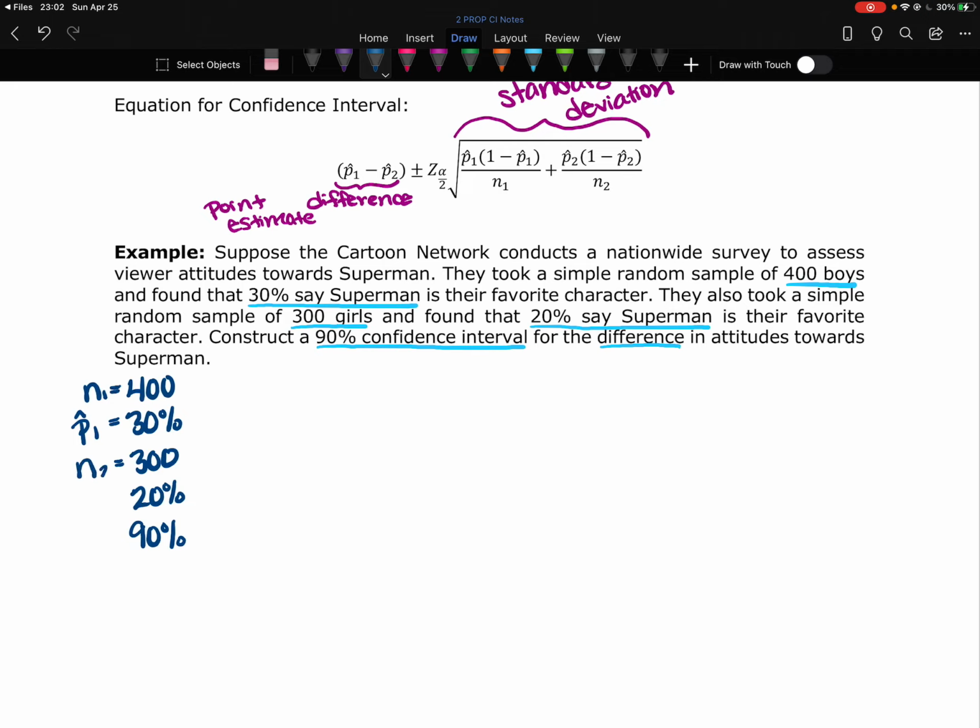300 is the number of girls that they surveyed. And then 20% is the proportion from that group that picked Superman. So that's P hat 2.